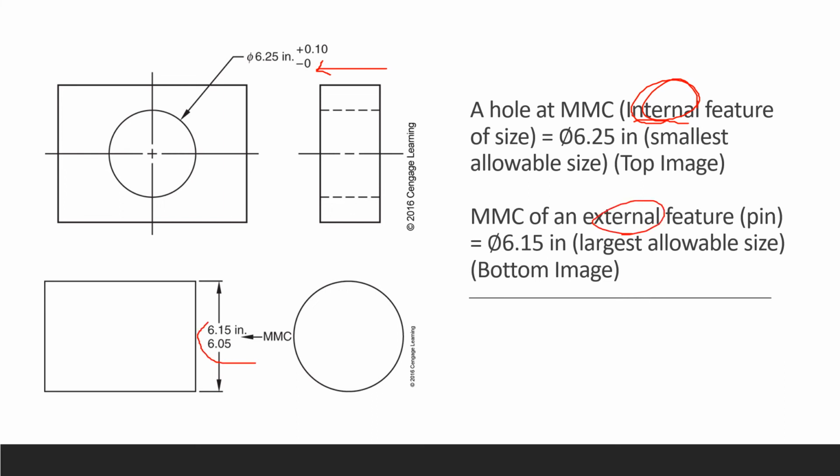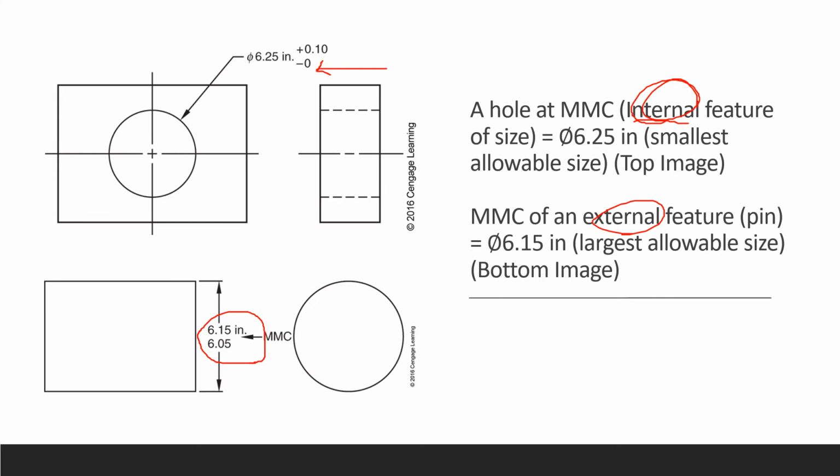Here you have a set, 6.15 inches and 6.05, and that's your tolerance. Maximum material condition of an external feature again. External feature, so we're going to take the largest one.